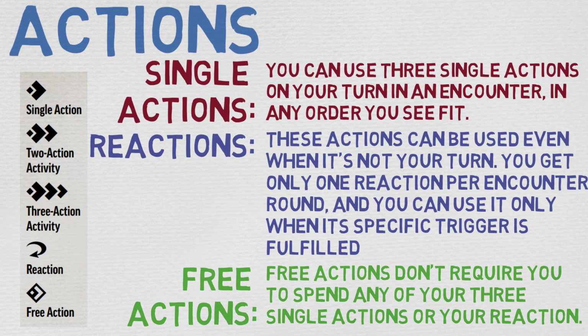If you've played 5e, this is basically your main action times trois. There are a lot more things you can do with single actions in Pathfinder 2e, and if you look at the corresponding symbols to the side, you will notice that the true single action is just the two square thing. However, two actions represents the three square, and then three action activity represents the four square.